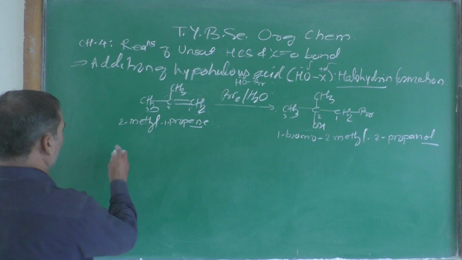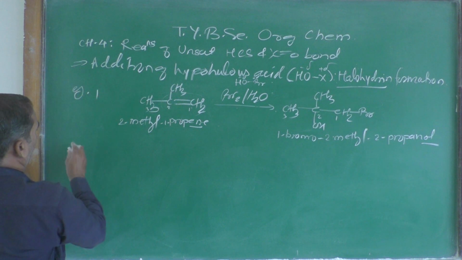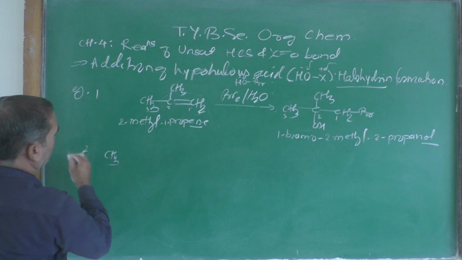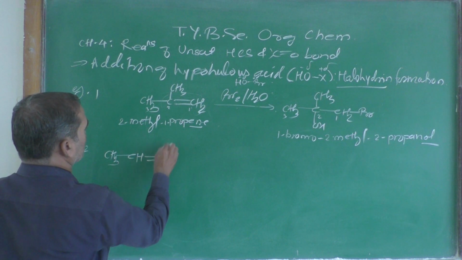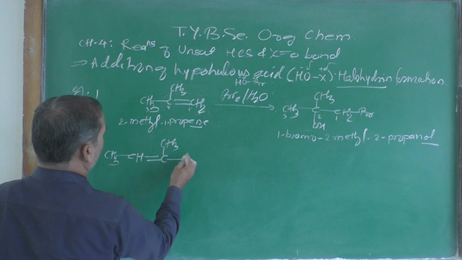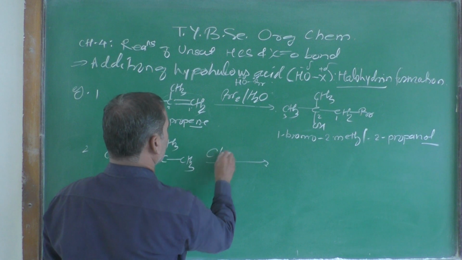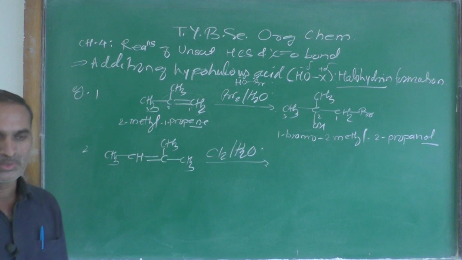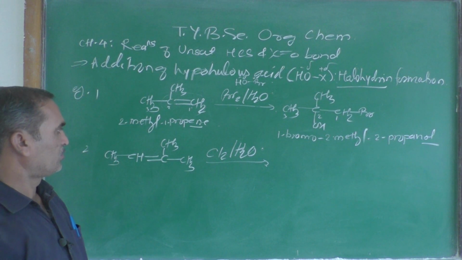Now let us see another example. This is example number 1. Example number 2, let us see here. You just predict the product: CH3, then CH double bond CH3, then CH3 here, then treat with Cl2 in presence of water. Now tell me what will be the product.